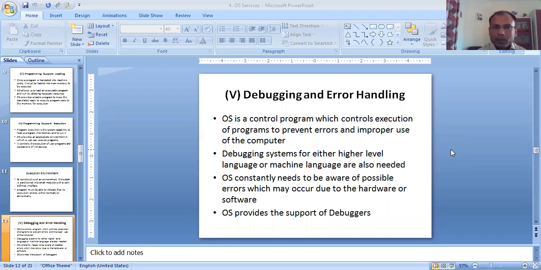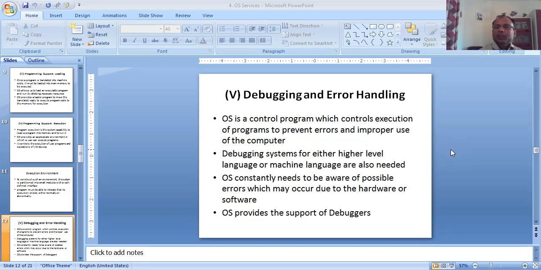Operating system provides such facilities which actually control the execution of programs to prevent error and improper use of the computer.